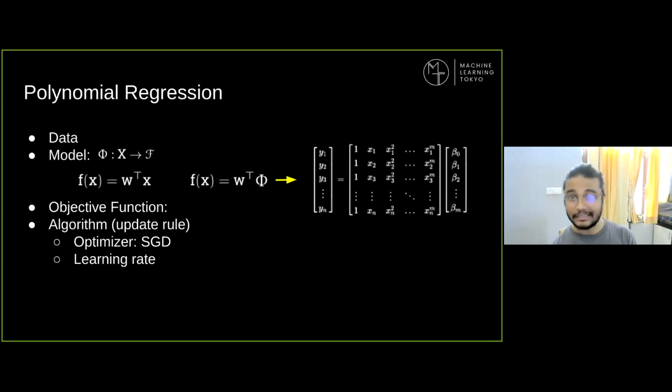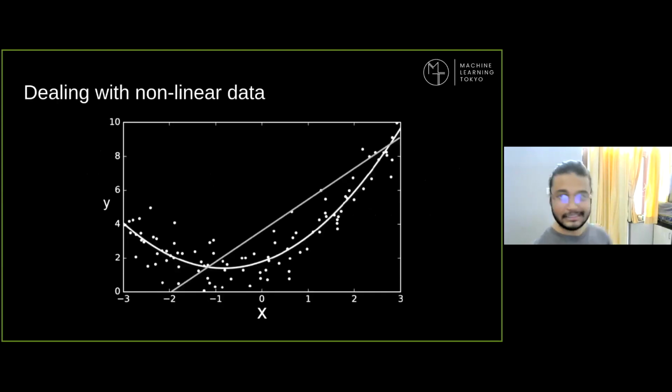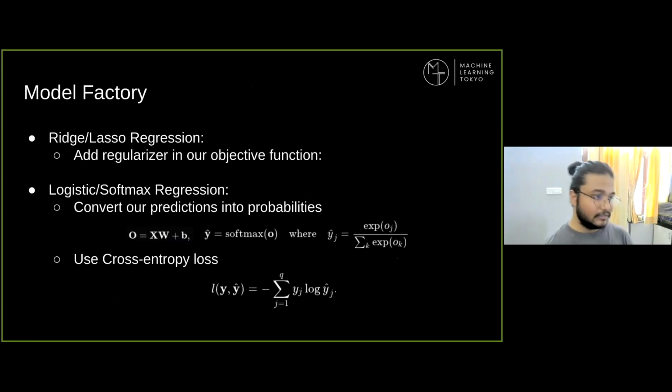So that is quite a powerful idea, which is apparent as we use that idea inside this data set. As you can see, the brighter line fits much better than the linear one, and the reason for that is because we have injected a polynomial basis function into it, right?